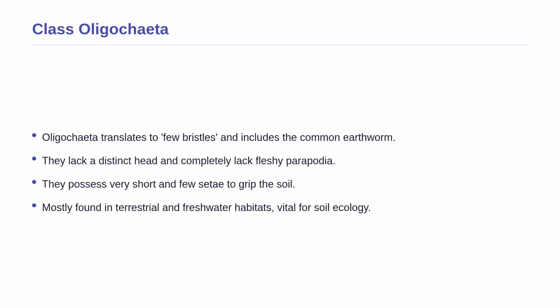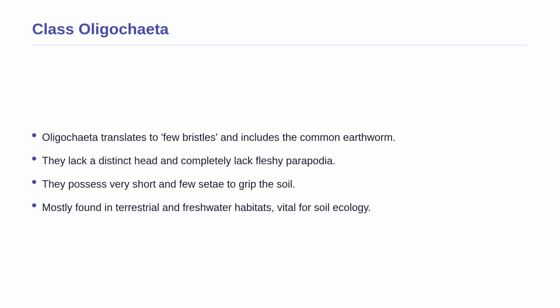Moving from the ocean to the soil, we encounter the second class, Oligochaeta, which translates to few bristles. The most famous member of this class is the common earthworm. Unlike their marine cousins in Polychaeta, oligochaetes do not have a distinct head, and they completely lack those fleshy parapodia.